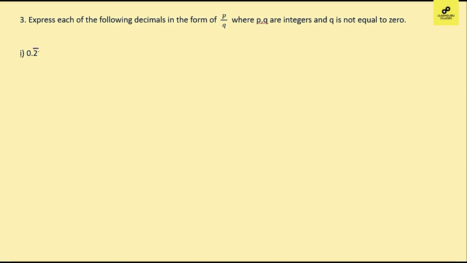So 0.2 bar. So what does it indicate? That this 2 is repeating. Okay, so let's write let x equal to 0.2 bar. That is, you can write this as 0.2222.